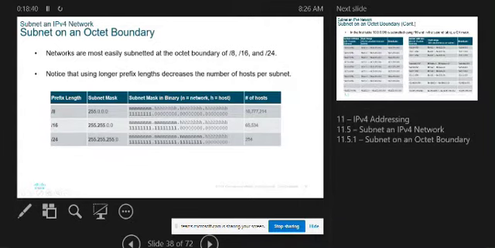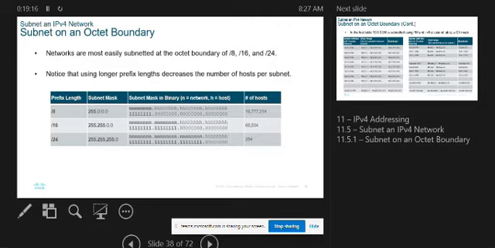Networks are most easily subnetted at the octet boundaries, the /8, /16, and /24. Notice that using longer prefix lengths decreases the number of hosts per subnet. So we know by default a /24, which is a 255.255.255.0 mask, is a class C, and it only has 254 hosts on that network.